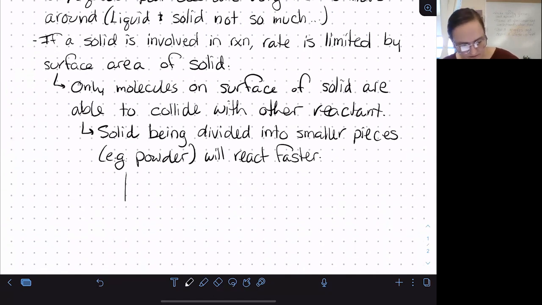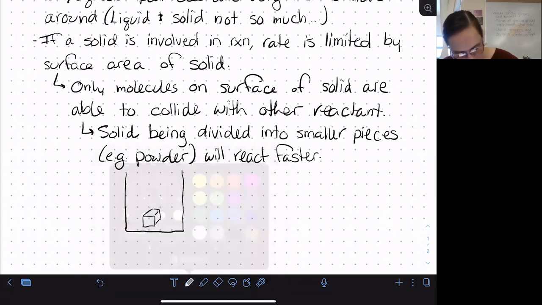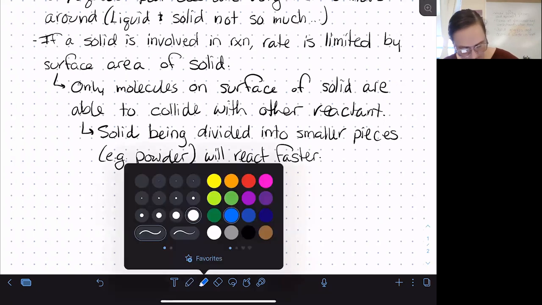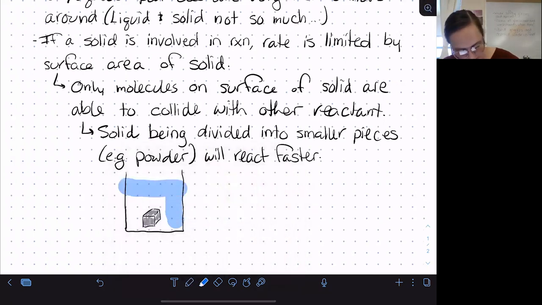If we think about this idea of if we have one, let's say, cube of metal or something, make it gray, that we're submerging in a liquid, there's only a very limited amount of that solid that's actually on the surface of the cube.